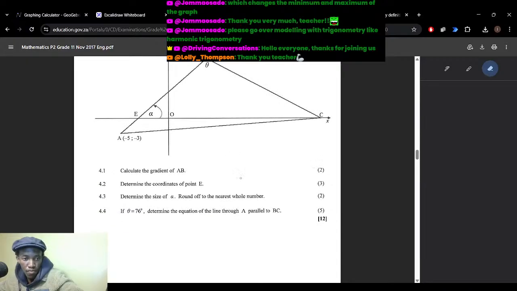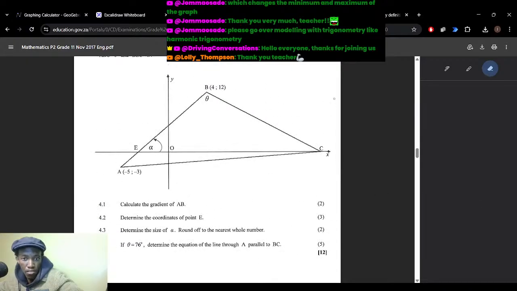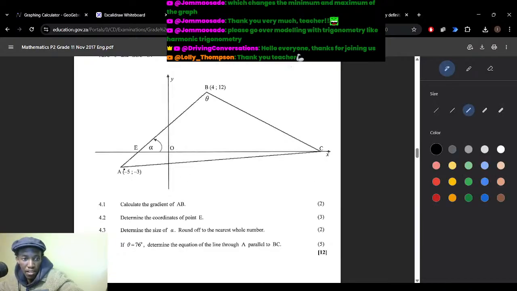Okay, so this means that a line that goes through A and is parallel to BC is a line like this, something like this, where it is parallel to BC.